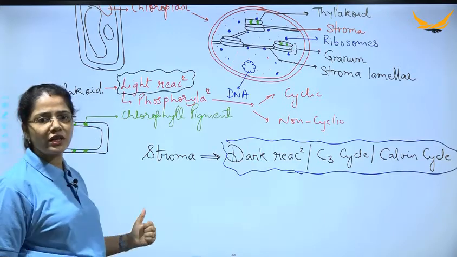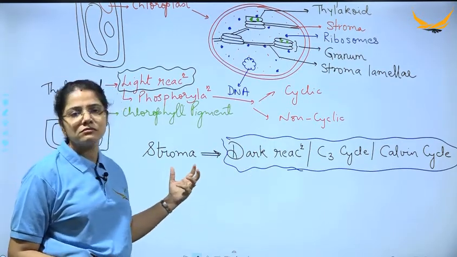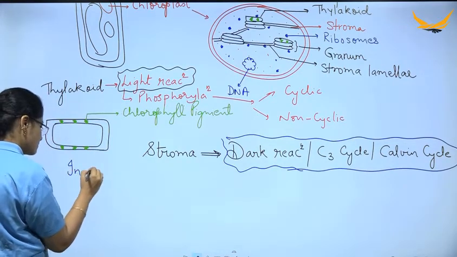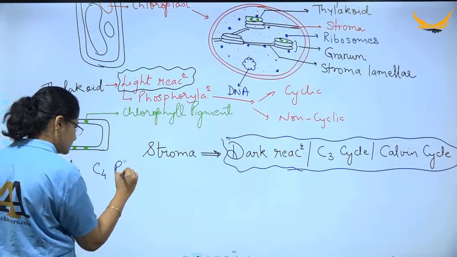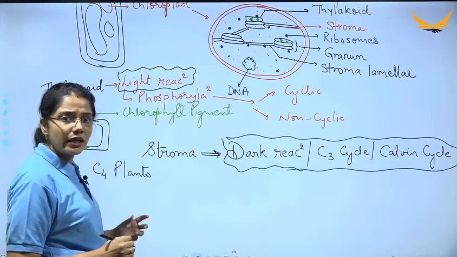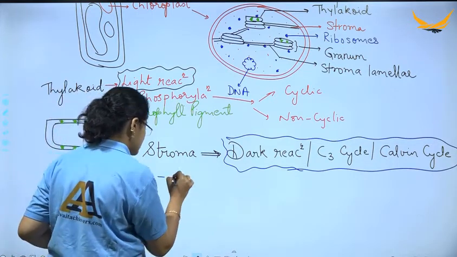Also one more thing, when we are discussing the chloroplast, we have to remember that in C4 plants, ठीक है, they have dimorphic chloroplast.